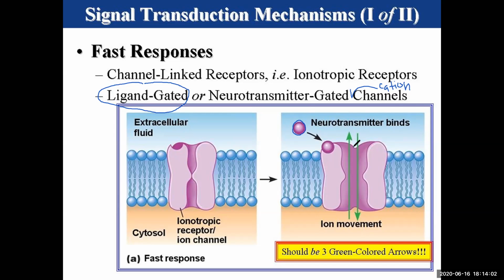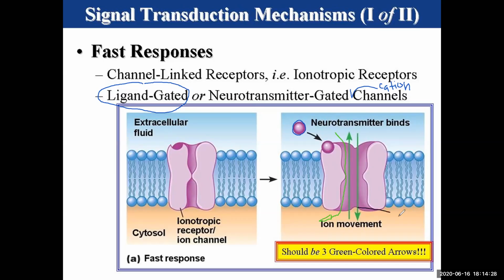So you should have 3 arrows here and not 2. There's 1 missing. I'm going to do it also in green. So there's another one coming in. So there are 2 influx and 1 efflux. I'm going to write in black so we can clearly see.